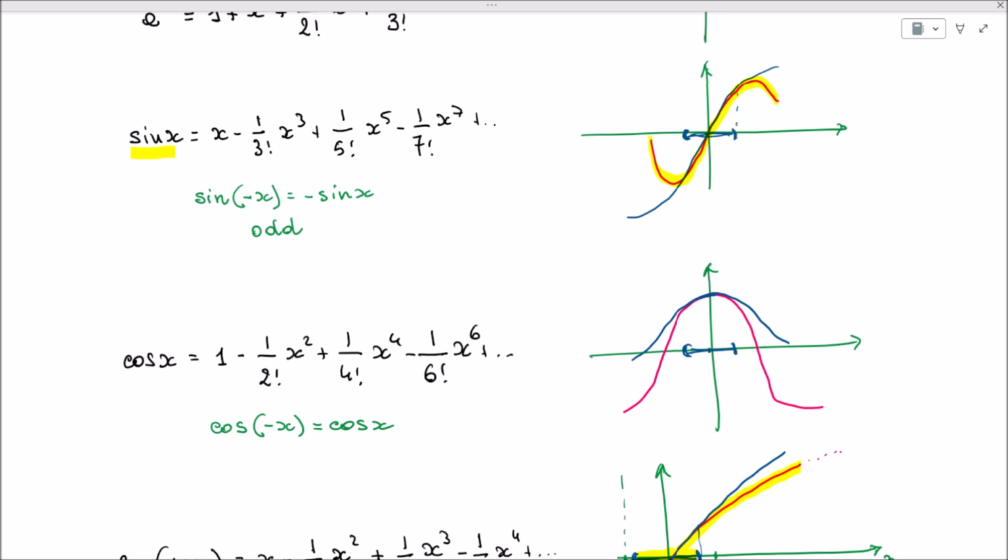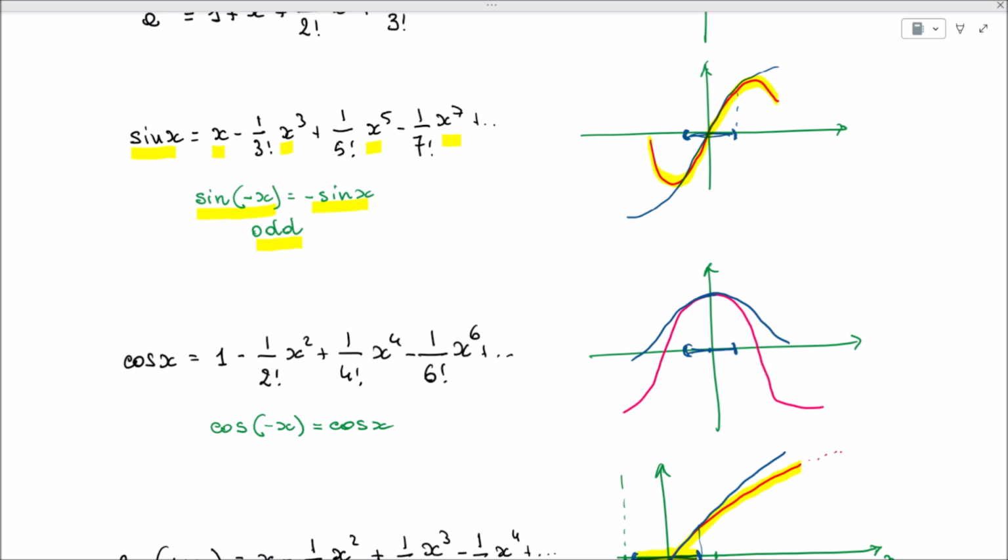So this seems to suggest that an odd function only has odd powers of x. If we go to another odd function, just like the arctangent of x, remember that the arctangent of minus x is equal to minus arctangent of x, so this is another odd function. Once again, we see that the Taylor polynomial only contains odd powers of x.